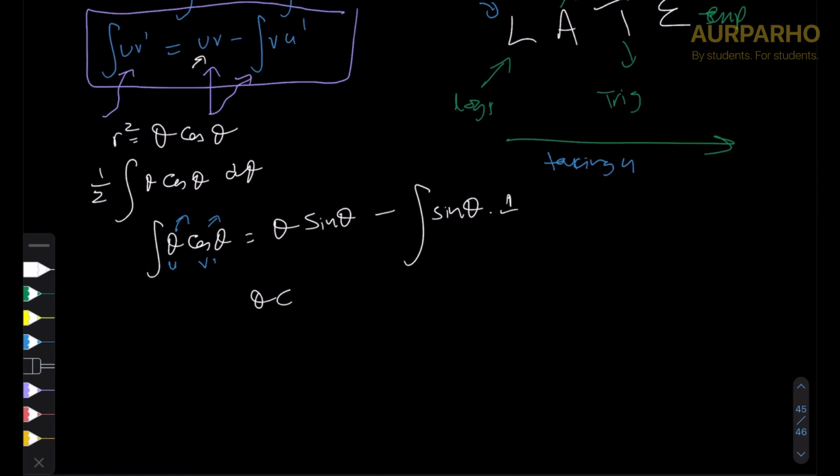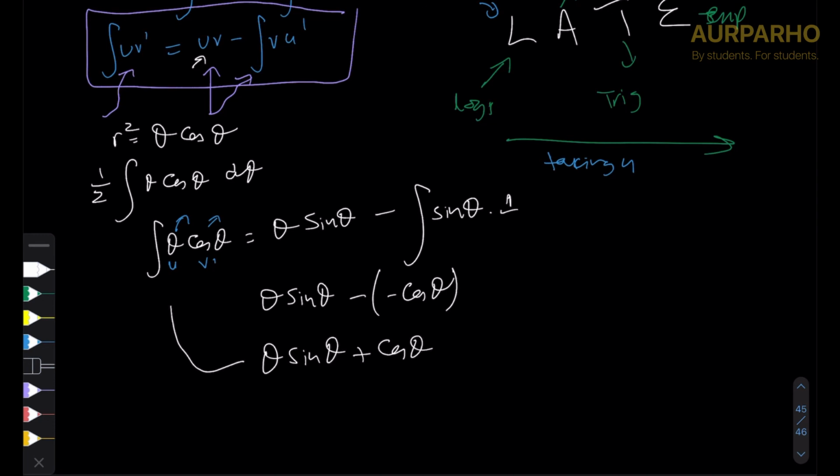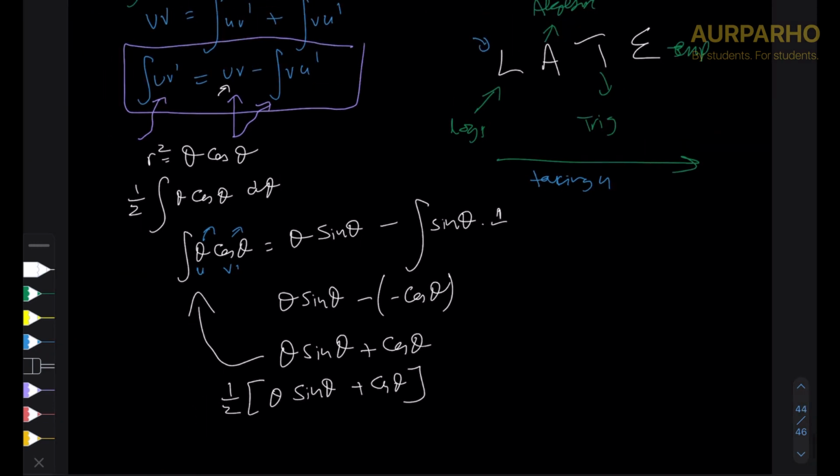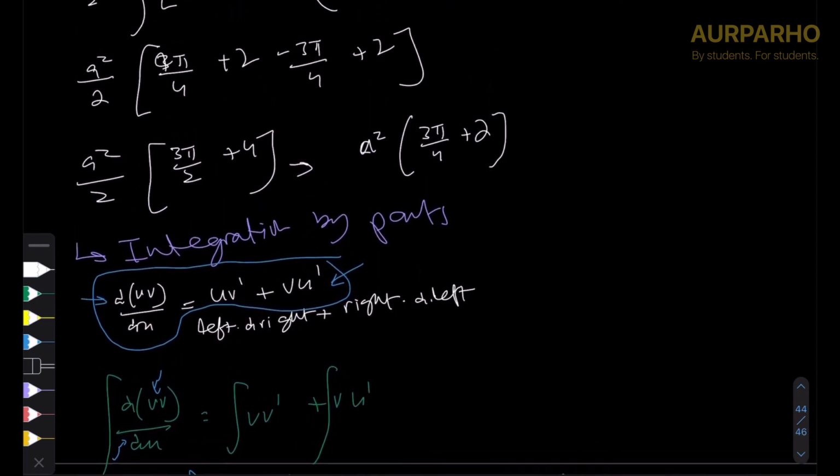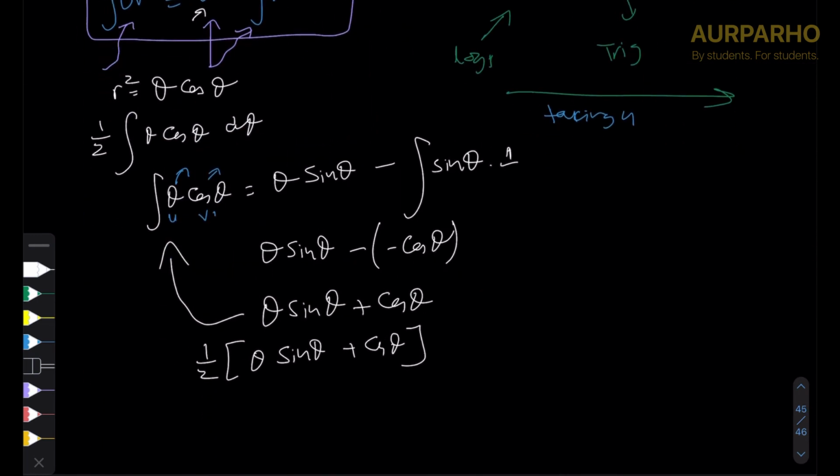And this would be theta sine theta minus minus cos theta, so theta sine theta plus cos theta, and this is your answer, right? So just 1 over 2, theta sine theta plus cos theta plus c would be your answer. And this is all there is to it. You might want to practice so that you get used to the algebra and stuff, but this is it.